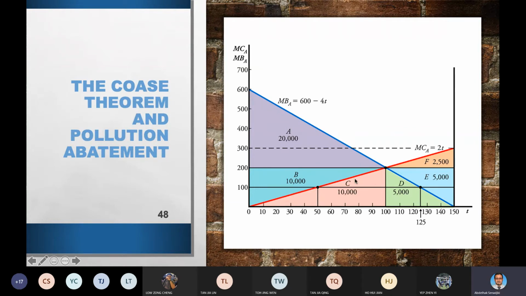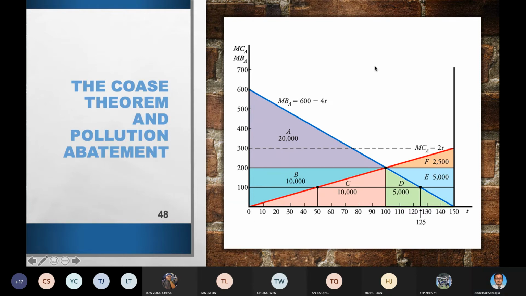The cost is below the marginal cost. So from 0 to here, 100 times 200 is 20,000, divided by 2 because it is a triangle. So it will cost the firm 10,000. And how much revenue? 100 times 200, 20,000. The cost is 10,000 and the benefit is this B, 10,000. So 10 plus 10 is 20,000.